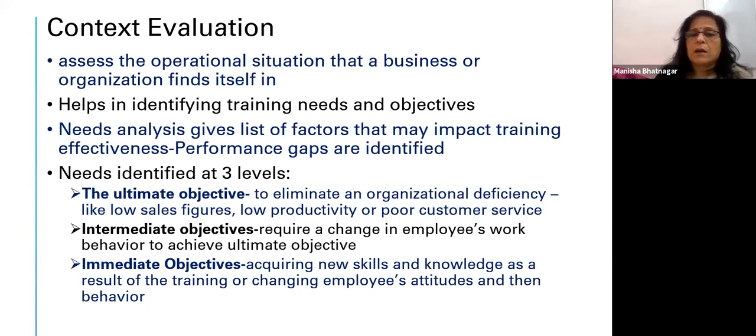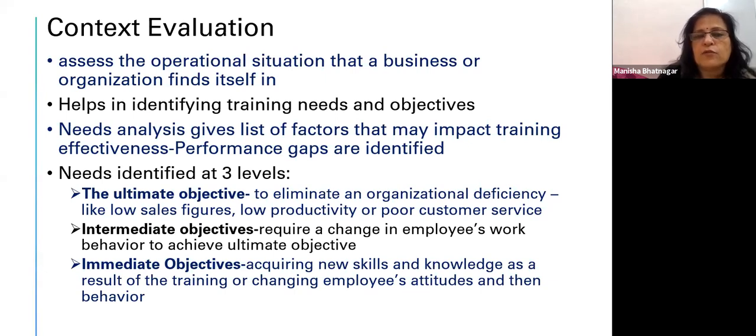This can be analyzed through a list of factors after the training needs analysis, and these are the factors that would impact the training. You must have the desired level of performance that you want for the organization, and what is the existing performance level of the employees at present, and what is the gap between them.